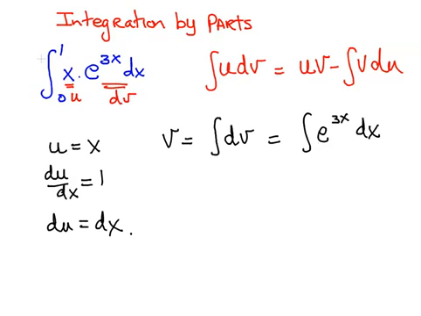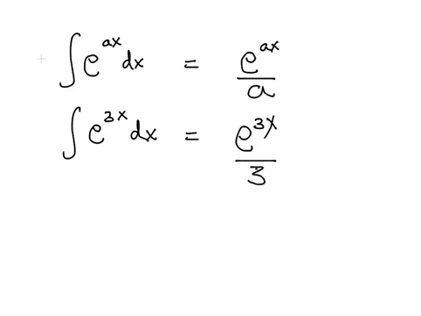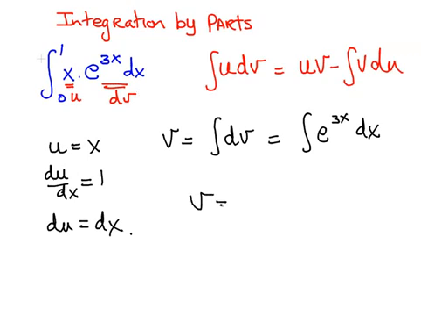A little bit of revision here: the integral of e to the power of ax dx is e to the power of ax all over a. So e to the power of 3x dx is equal to e to the power of 3x over 3. Okay, so v is equal to e to the 3x over 3.